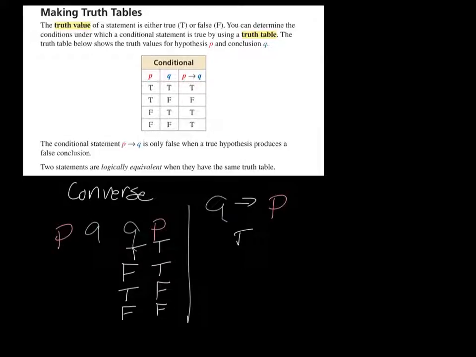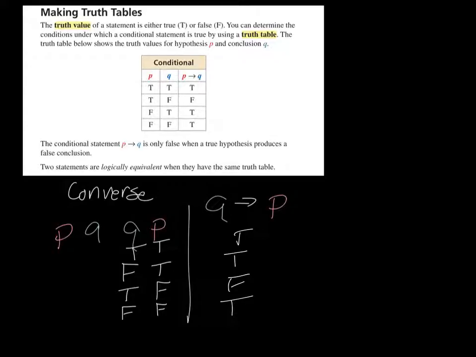False then true means I have a true statement, because a false hypothesis with a true conclusion is still true. If it's true then false, that's false, and if false implies false, that's still true. So what you're going to be asked to do is to give the equivalence tables for the conditionals of the converse, inverse, and contrapositive, and you'll be asked to combine those in various ways.